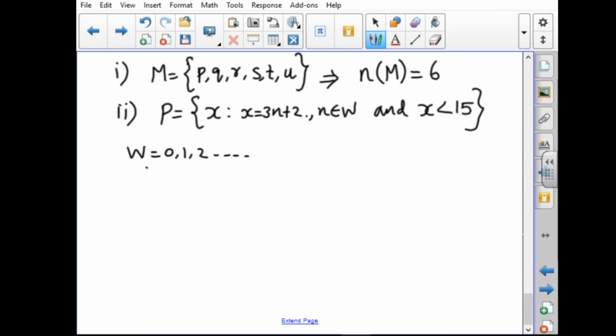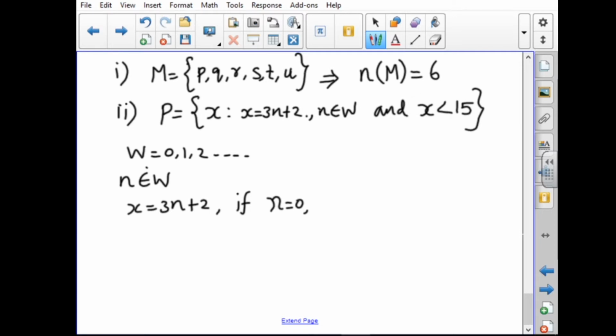Okay, n belongs to W, so you can choose any number from the W set. So x is 3n plus 2. If n is equal to 0, because n belongs to W, you can take n from 0.